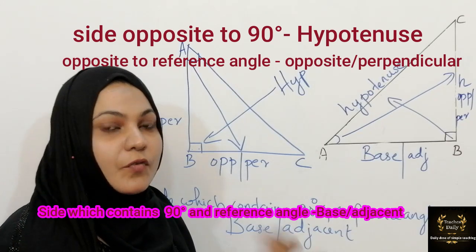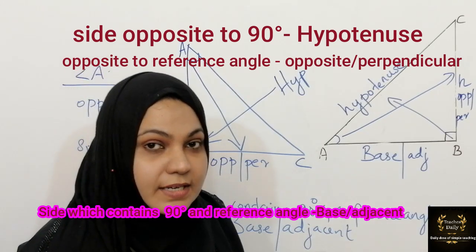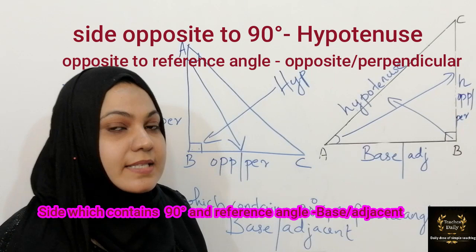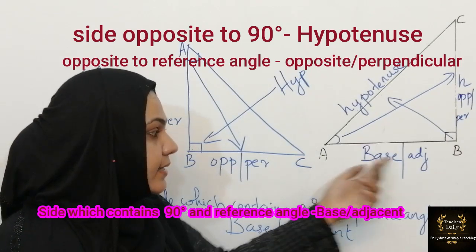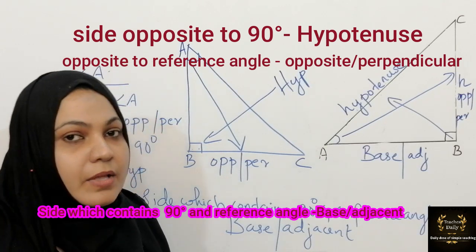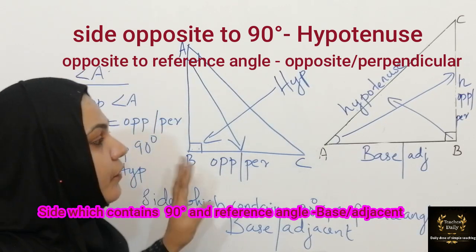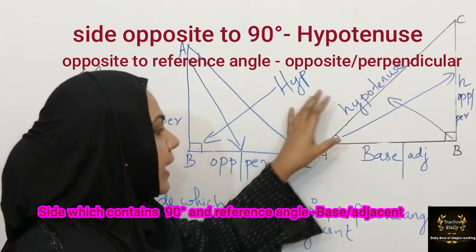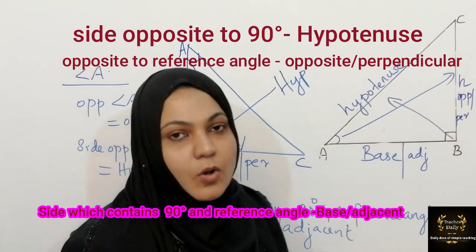In some schools they will follow perpendicular instead of opposite, and in some schools they will follow adjacent instead of base. Which one is easy, you can opt, no problem. Both are correct. So we finished what is hypotenuse, what is base and what is opposite.